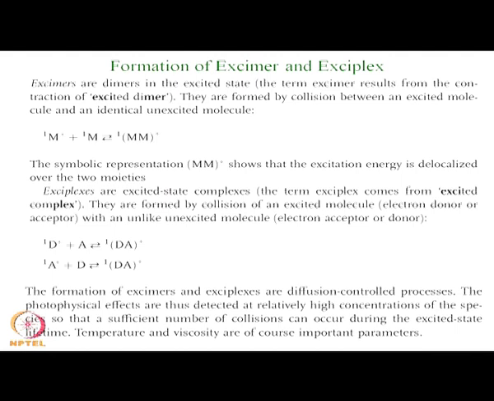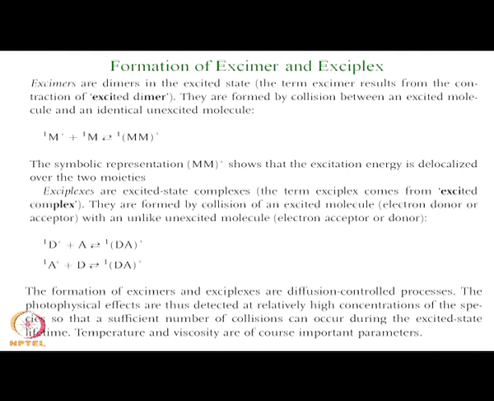So, it is a hetero excimer. Hetero excimer means, in the actual excimer, both the entities are the same. One is excited M, another is ground state M, and here it is one excited M and a ground state maybe something M prime. The formation of excimers and exciplex, these are very closely related terms.